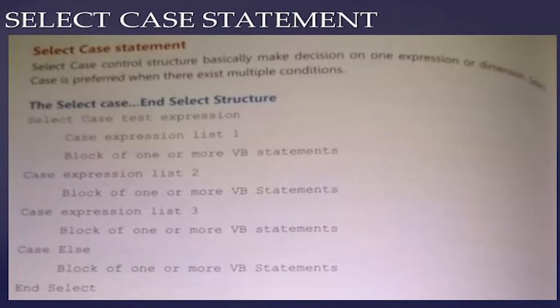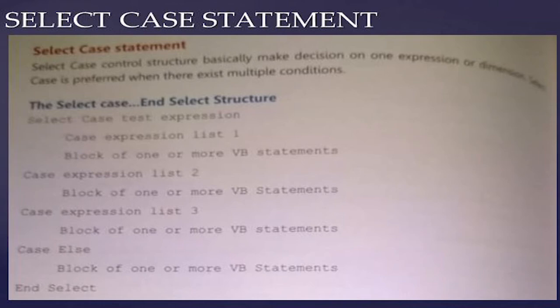Next one is the select case statement. The select case control structure basically makes a decision on one expression. See here, select case is preferred when multiple conditions exist. Suppose multiple conditions are there. See here, select case test expression, case expression list 1, block of one or more VB statements. I will give one perfect example here. If a student got 90 to 100 percent, then he should get A grade.